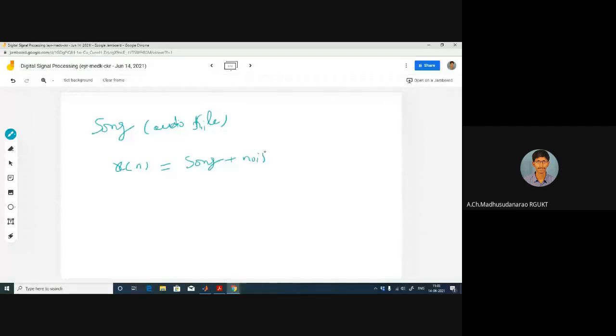Or x of t, what do you consider? x of t in the continuous case, x of n in the discrete case, is song plus noise, and this noise frequency band is from 0 Hz to 20 kHz.